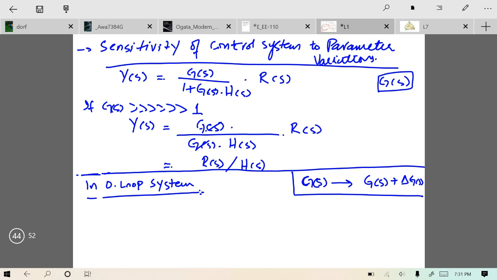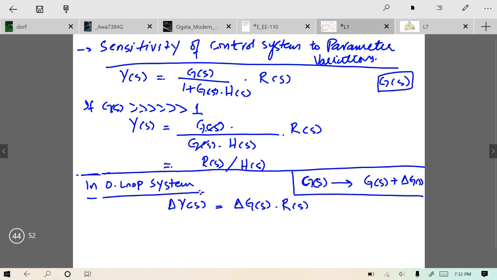In the open loop system, obviously its effect will be proportional. It will have a direct effect on the output. So there will be a delta Y of s, that is a change in output, that would be equal to delta G of s into R of s. Input multiplied by the change in G of s would be the change in Y of s.